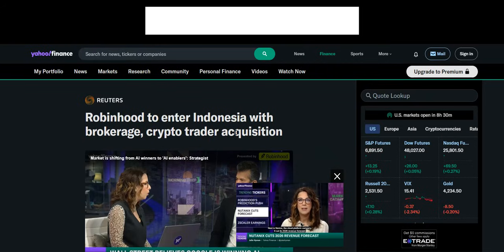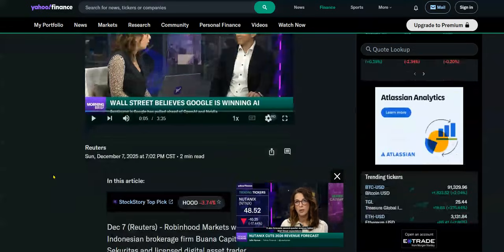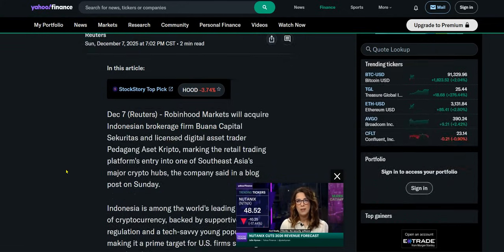Robinhood to enter Indonesia with brokerage and crypto trader acquisition. So this was reported by Reuters. I was saying yesterday, I thought this was done. Well, it says 2 minutes ago. But anyway, it says 2 minutes ago.